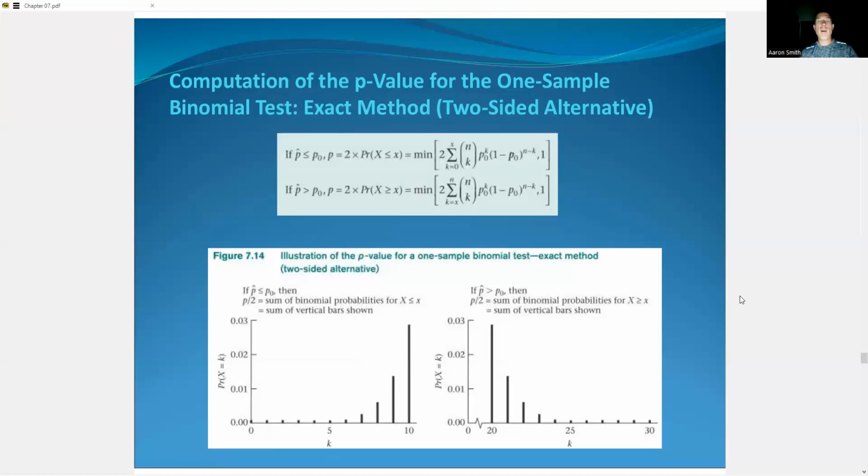Now, if n times the hypothesized success probability times the hypothesized failure probability is less than 5, then I have to use the exact calculations.